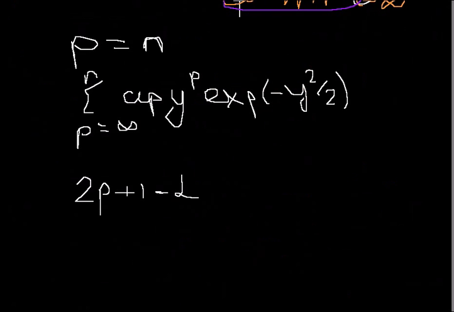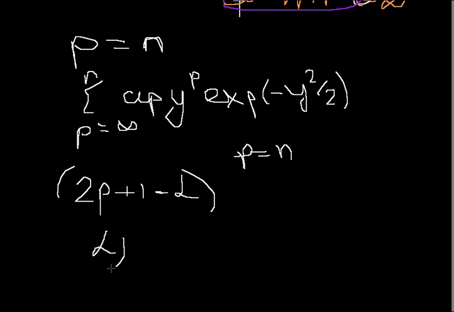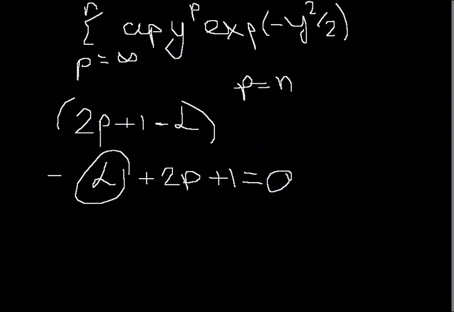Let's watch it much more attentively. At some p that equals n, this numerator equals 0, and our alpha constant, plus 1, equals 0.